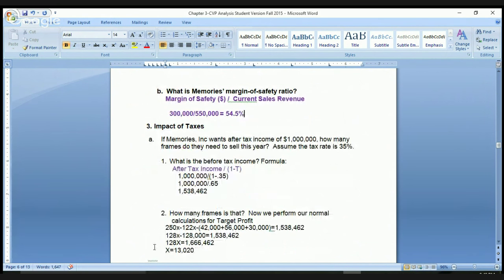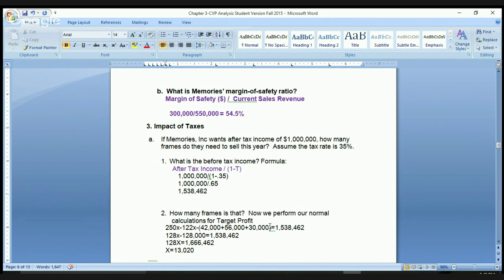So if I go back to the original formula that I've been dealing with all this time, I'm going to take the 250 times the number of units I need, minus the 122 times the units I need, minus all the fixed costs, equals 1,538,462. Adding like terms, I take the 250 minus 122, that gives me 128.